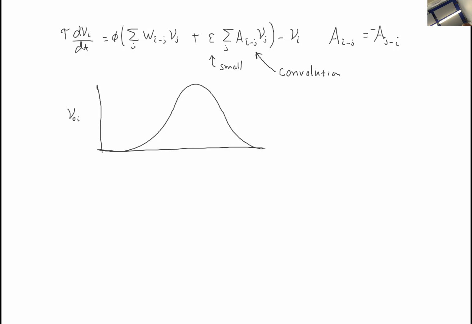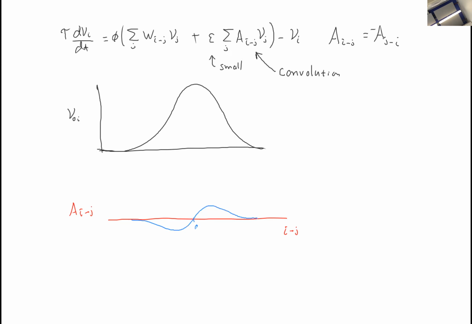Okay, so what we're going to do is plot down here A I minus j versus I minus j. So it's an odd function, and we'll give it this shape. So this is 0. It's got to be 0 at 0 because it's odd. And there's a shape like that.